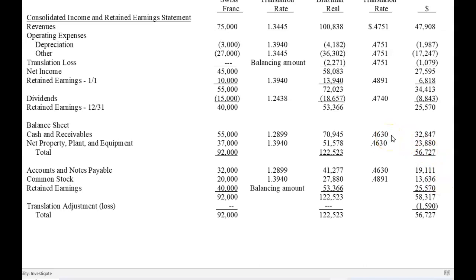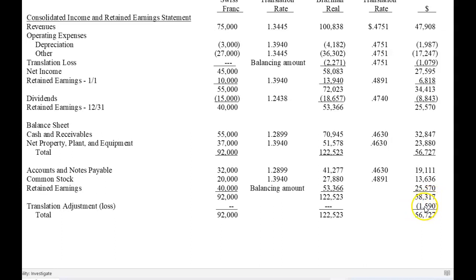For the cash and receivables, we are using the rate at the end of the period. Same with accounts and notes payable. Common stock, you use the beginning of the period historical rate here. So what you wind up with are total assets of 56,727, total liabilities and equity of 58,317.